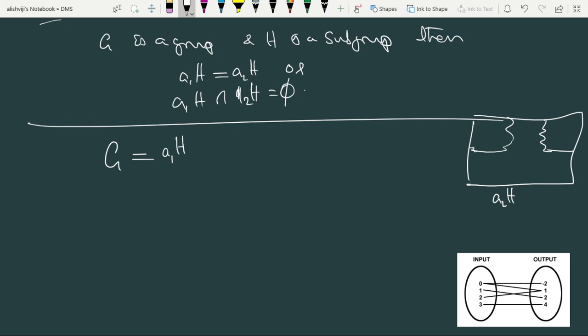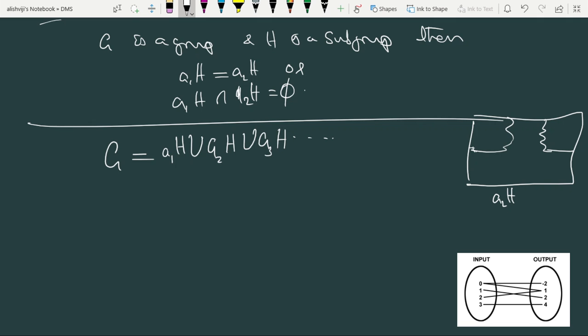So if it is equal to A1H, then just ignore it and take another arbitrary element A3. And if it is an entirely different subset of G, then write it here as A1H union A2H, then union A3H, etc. And since G is a finite group, we cannot proceed with this process infinitely.